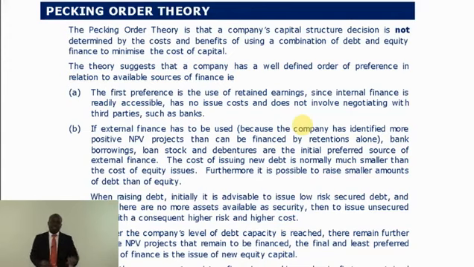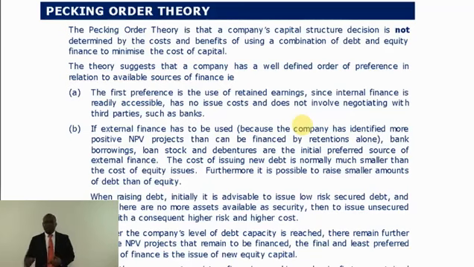They've got their own prescribed order, and the order is when they want to finance a project or something, they look into their reserves. So first, money should come from retained earnings. If the retained earnings is not enough, then they have to go to the bank manager for bank debt. And that bank debt could either be a bank loan or bank overdraft. If it is not available or is not enough, then they have to think about straight debt like debentures or loan notes.